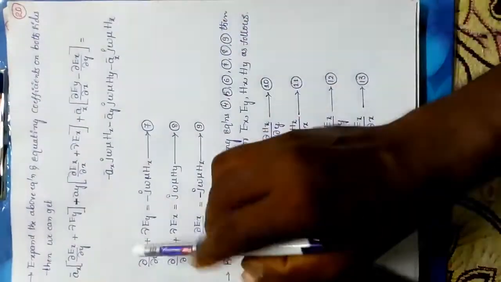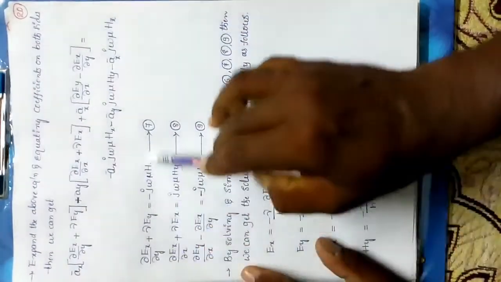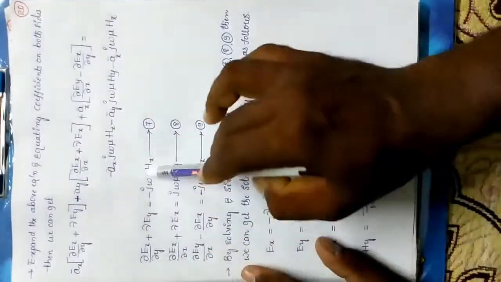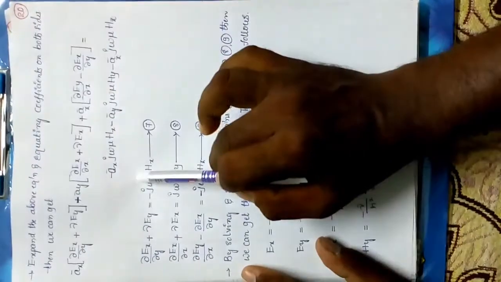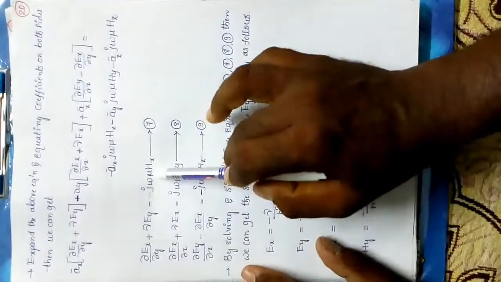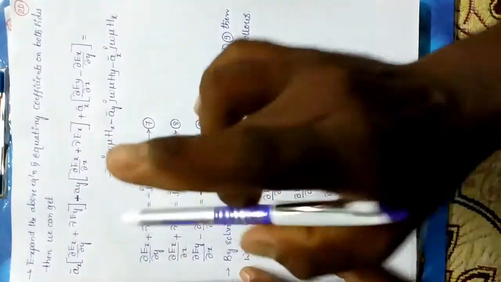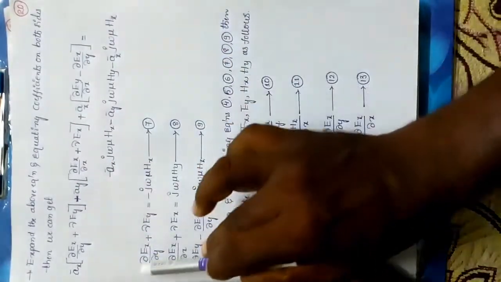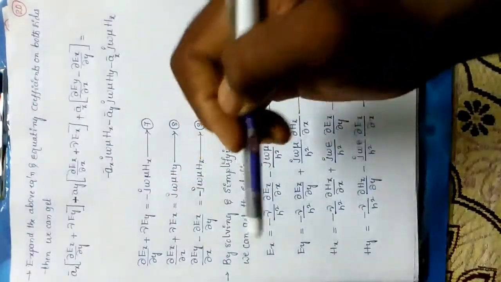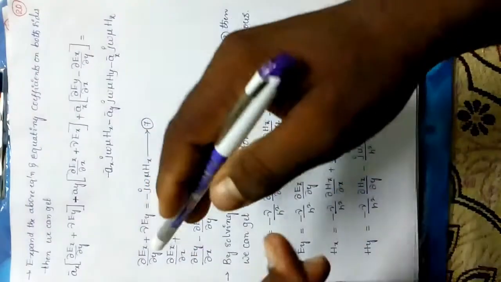For example, in this equation only EZ terms, only EX terms, only EY terms are there, so that expression relates to the transverse magnetic wave. For example, if an equation contains totally H terms, that equation is known as the transverse electric wave. For example, in this equation the combination of EX and HX, that expression is known as transverse electromagnetic. That means the combination of electric and magnetic.